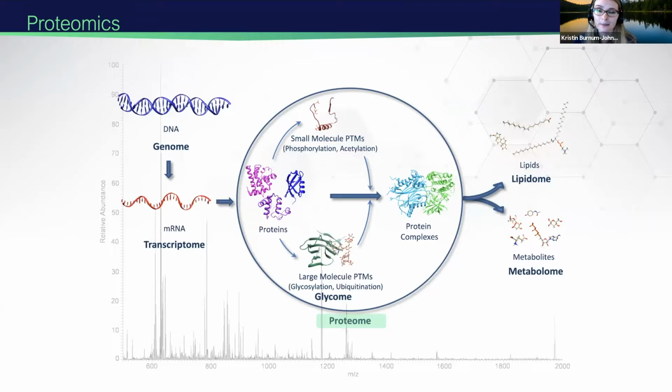You can study the abundance of individual proteins represented by the pink, blue, and purple protein structures to the left of the circle. You can study small molecule post-translational modifications or PTMs such as phosphorylation or acetylation. And you can study large molecule PTMs such as glycosylation and ubiquitination. And you can study protein complexes.